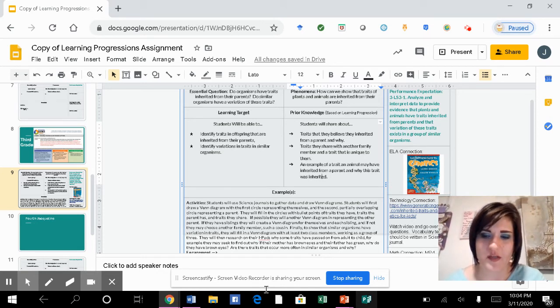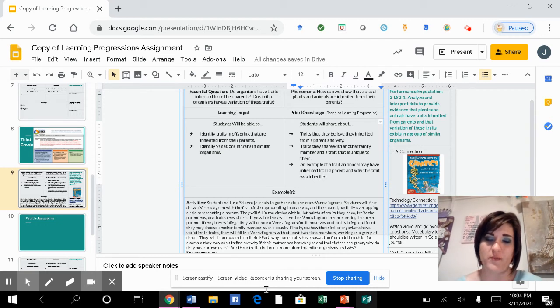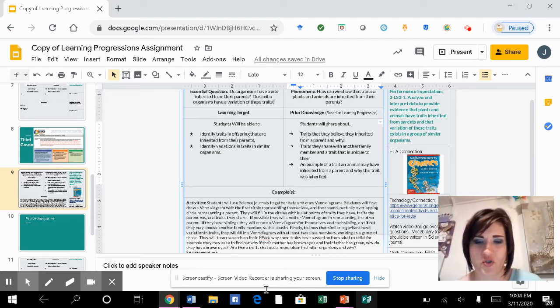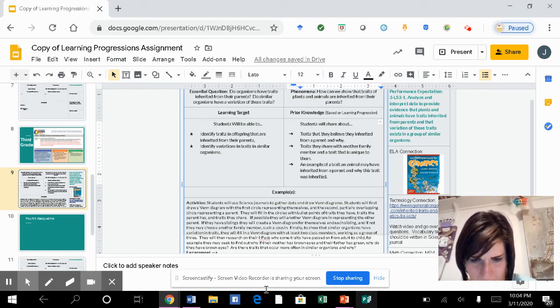They also can use technology if available, such as a tablet, iPad, or Chromebook, to identify why certain traits have passed down from an adult to a child, but also think about reasons how they change between parent and offspring in order to ensure survival.